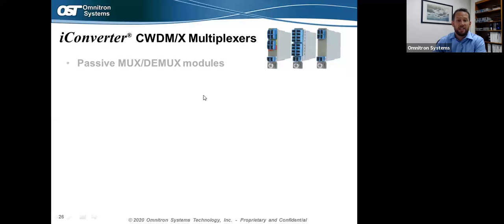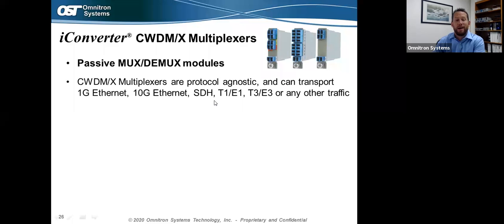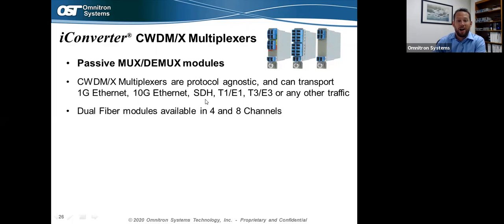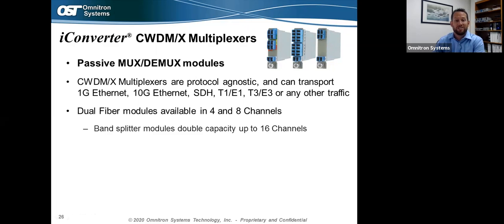Taking a look at some of our CWDM multiplexers, as I mentioned, these are completely passive devices, and they can pass along any types of protocols, anywhere from Ethernet, T1, T3 TDMs, serial protocols. They have the dual fiber modules available in 4 and 8 channels, and we use what's called a band splitter module to combine 2 8-channel muxes in order to get up to 16 channels over a single fiber.